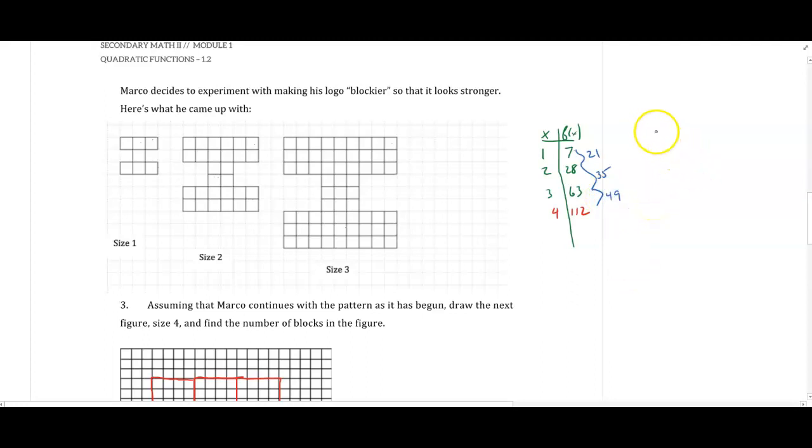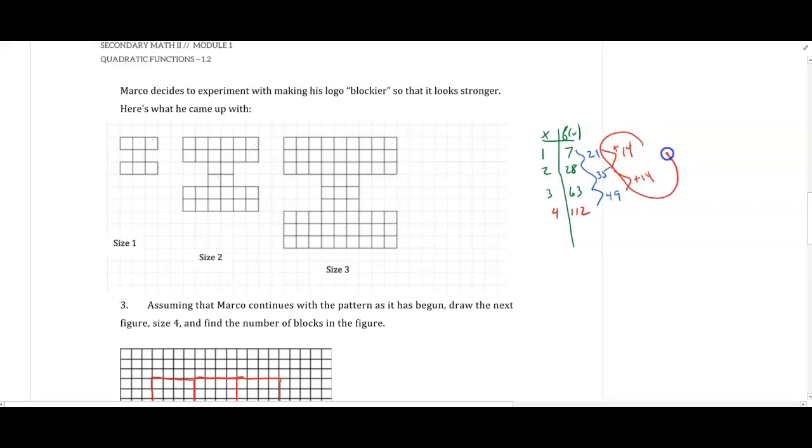Now there's still really no pattern, other than now what we have here is a second common difference. What is the difference between 21 and 35? 14. What's the difference between 35 and 49? 14.